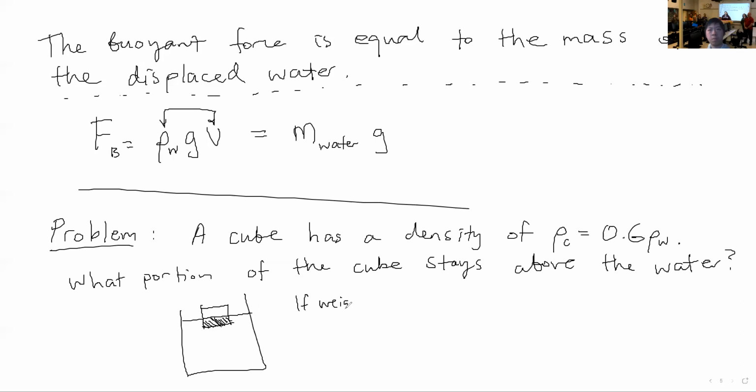If rho c is less, then it floats more, and the more rho c is, the less it floats, the more is underwater. So I assume that coefficient was directly responsible for that. So 60% of it would be below the water if it's 0.6, and the part above the water would be 100% minus that, which is 40%.